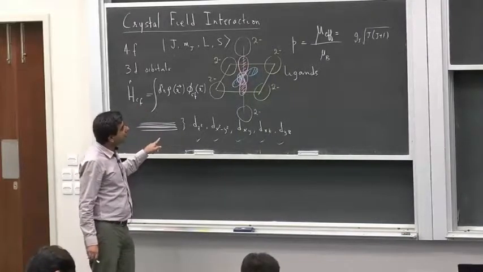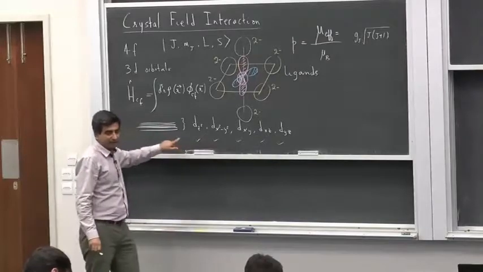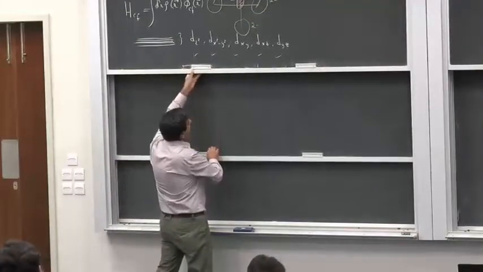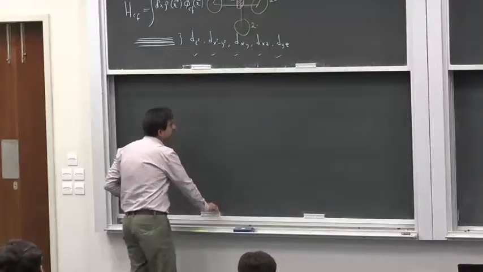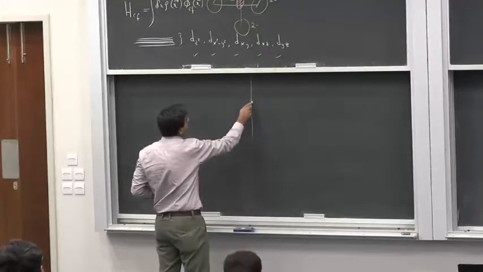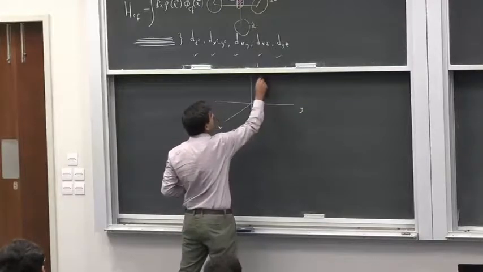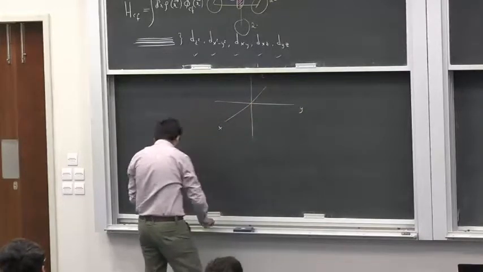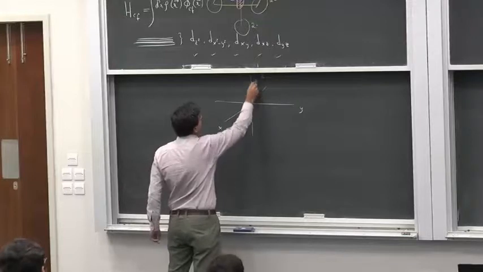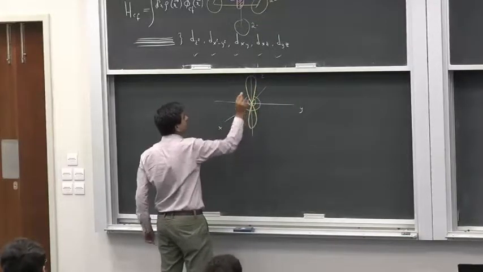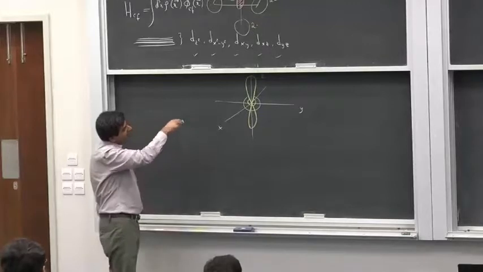Now it's important to realize what these orbitals actually look like. So it's nice to draw diagrams, and I'll show you how to draw these diagrams on the computer as well. If I define these to be my axes, x-axis, y-axis and z-axis, then the dz square orbital looks something like this. Okay, this is the probability density I'm drawing here.